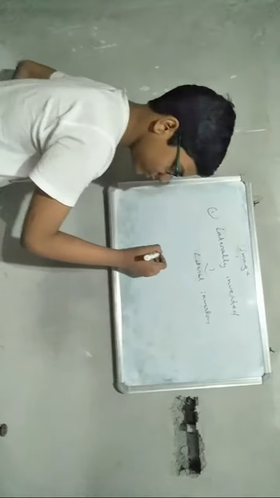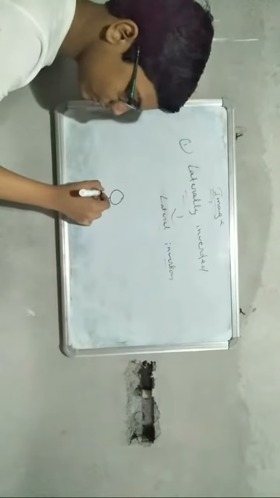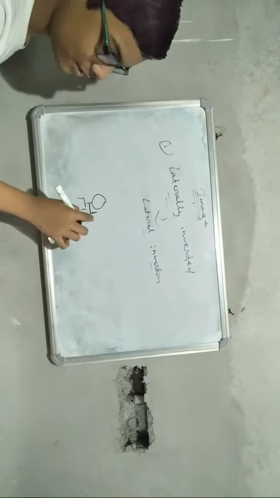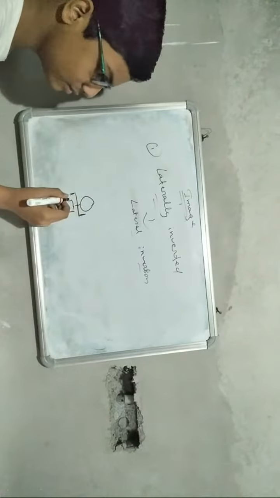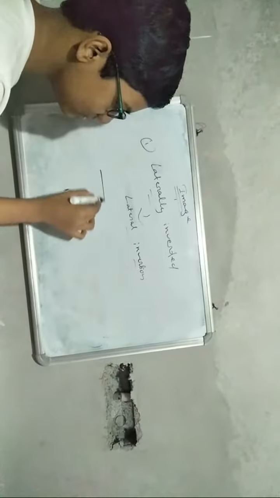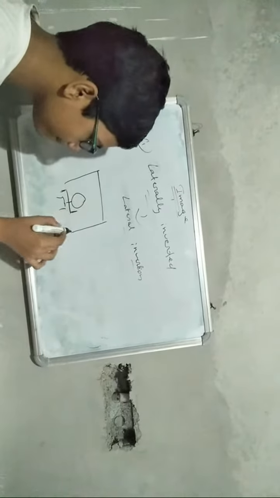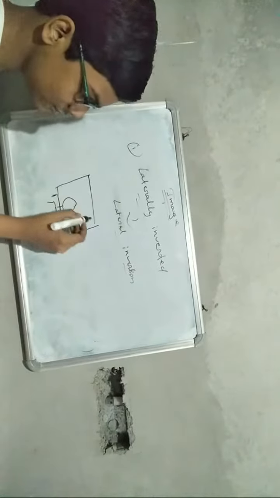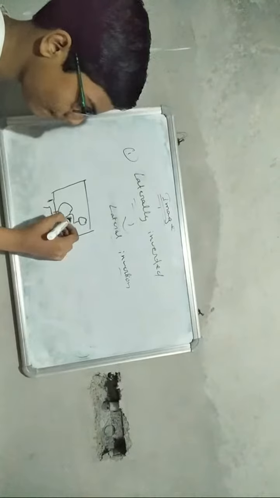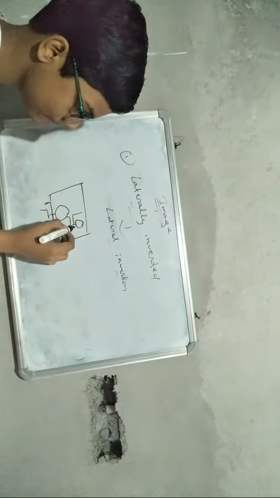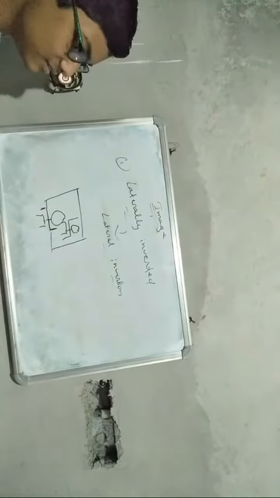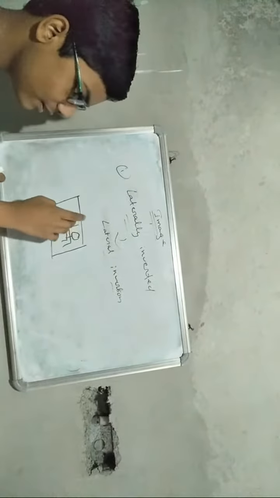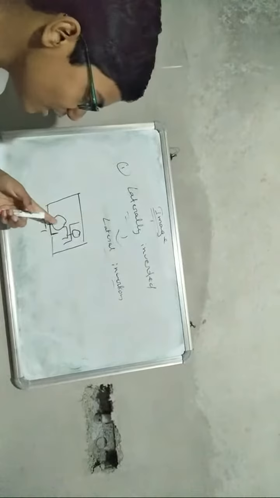Say this is a person who has one hand raised up and one down, standing in front of a mirror. This is the mirror, and the image of this person forms like that. Here this hand is the right hand, but in the image the hand is just opposite to the object.